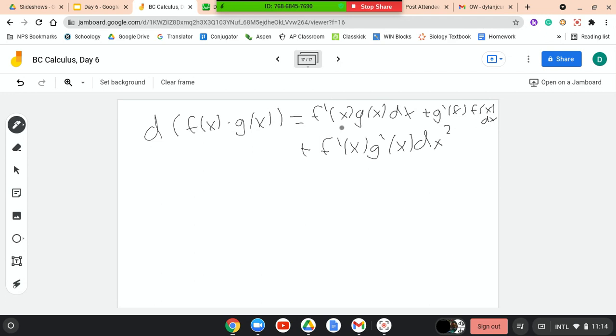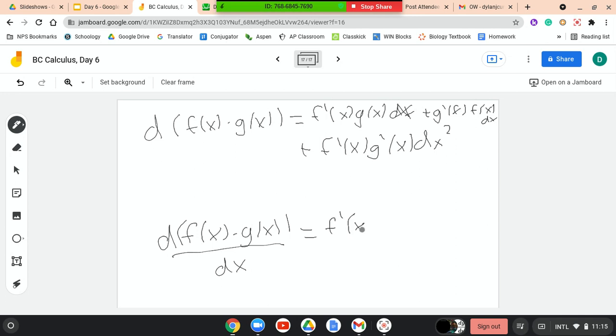All right, so this is just the equation from the last slide, right? Let's divide both sides by dx. When we divide this by dx, we get d of f of x times g of x over dx equals, and if we divide this term by dx, this dx goes away.